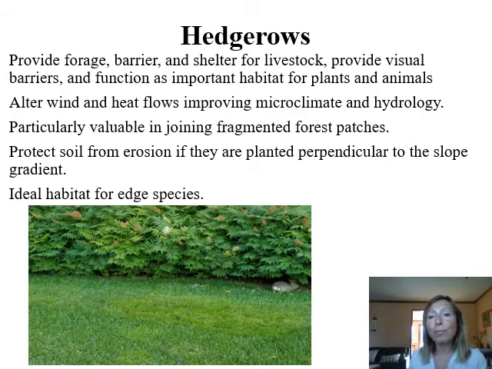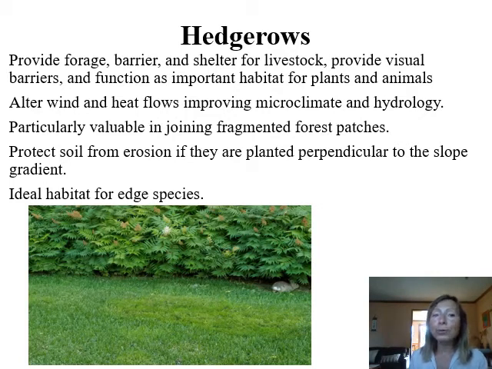They function as important habitat for plants and animals and also as conduits for those species. Hedgerows can improve microclimate and hydrology dramatically. They can also improve the quality of soils by retaining moisture.